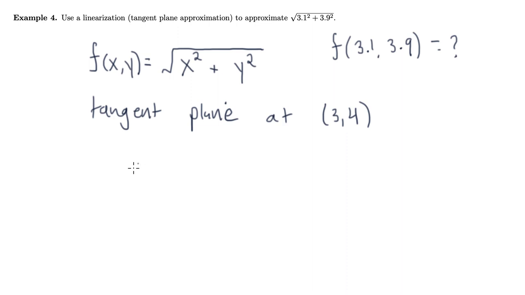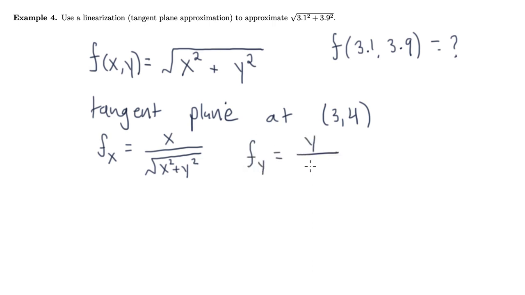So what do we need for the tangent plane? Well, we need the partials. So the partial with respect to x is going to be x over the square root of x squared plus y squared. Just a little bit of chain rule. f_y is going to be y over the square root of x squared plus y squared.